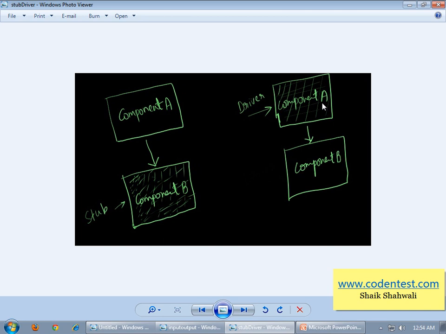So remember this: a stub is pseudocode written for a called component, and a driver is pseudocode written for a calling component.